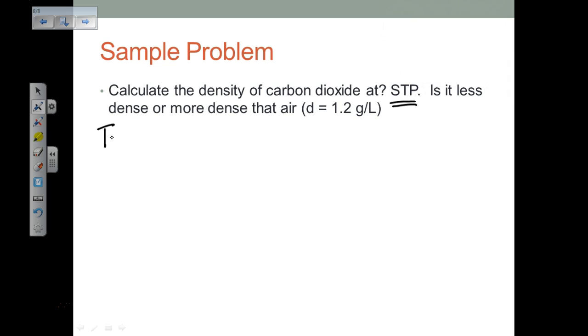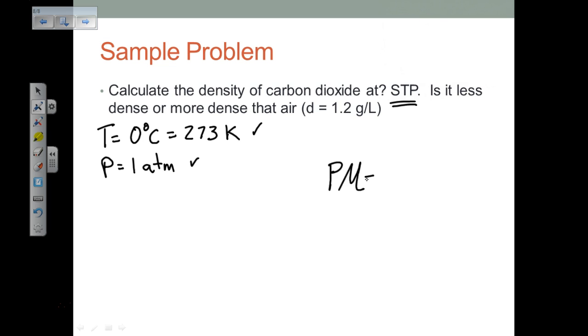So temperature equals 0 degrees C, which also when we convert is 273 Kelvin, and the pressure is equal to 1 atmosphere, and that is our standard unit. And now what else do we need? Well, it's PM equals dRT.